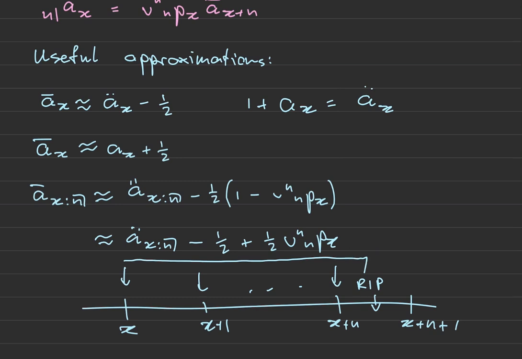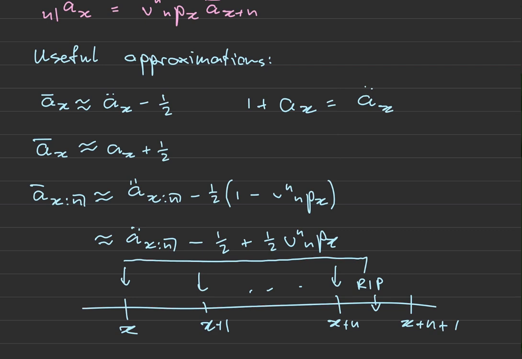This payment would typically have been for this year from age X plus N to X plus N plus 1, so for this n plus 1th year. To account for that payment, I would have had a flat line between X plus N and X plus N plus 1. But now I don't, because it stops paying immediately on death.